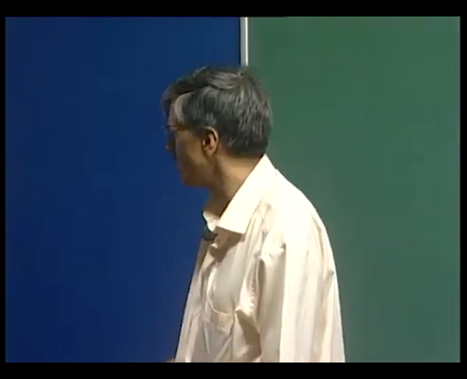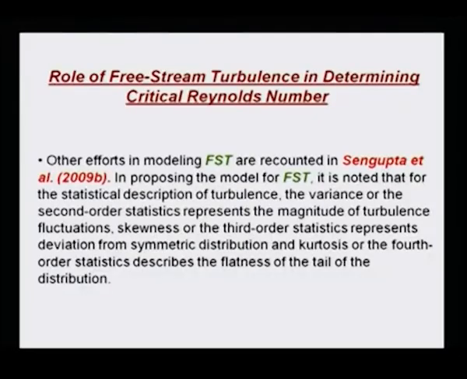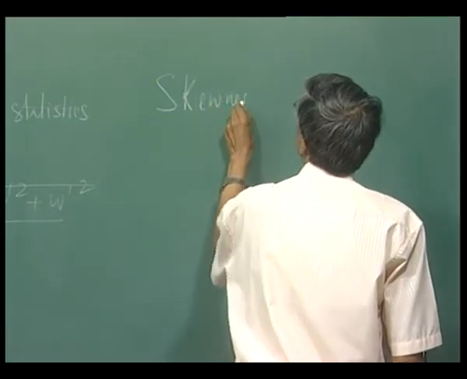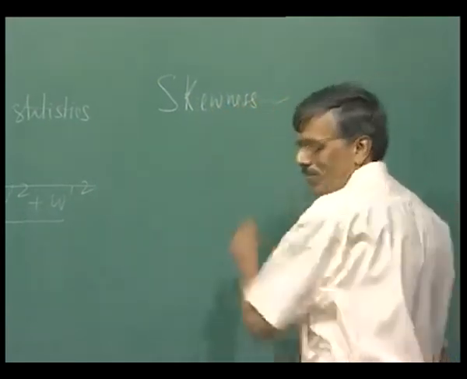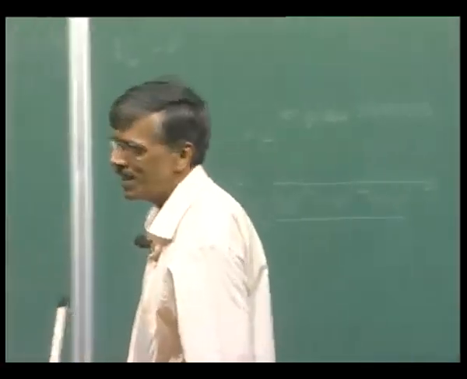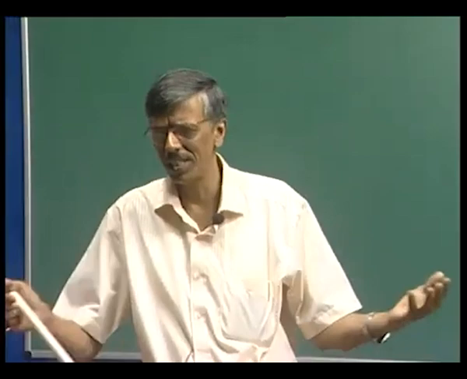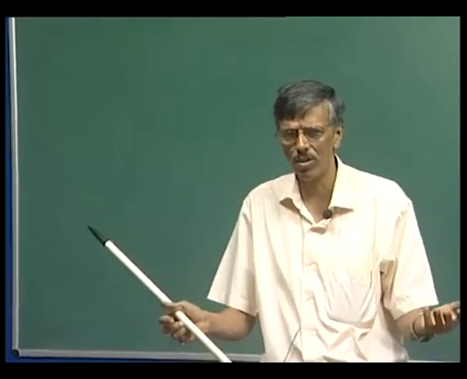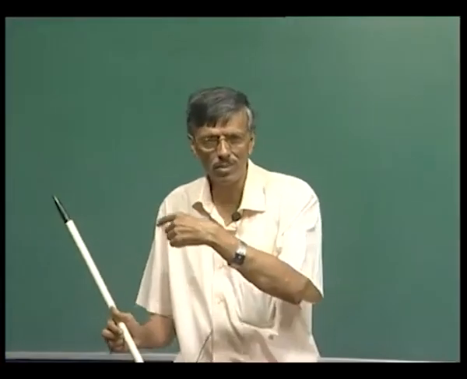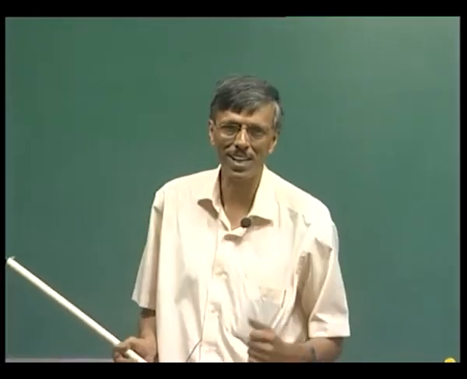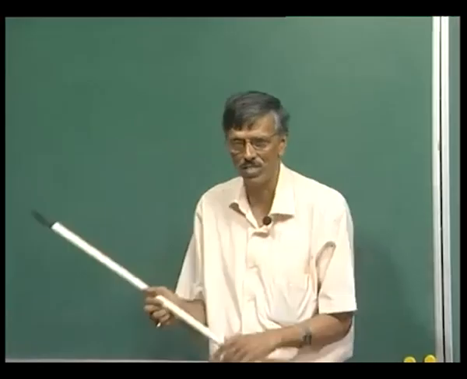Now, what happens to the other statistics? We can talk about the third order statistics, which is called the skewness. If the turbulence was truly a combination of an infinite number of sources working independently, then through the central limit theorem, the probability distribution function of these variations would have been a pure bell curve, like Gaussian, perfectly symmetric.